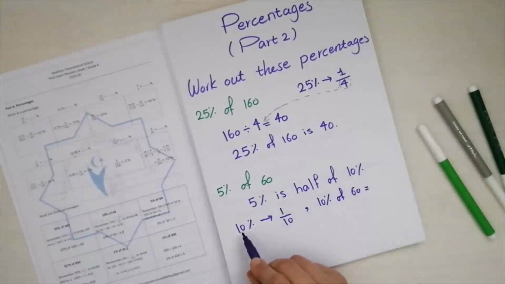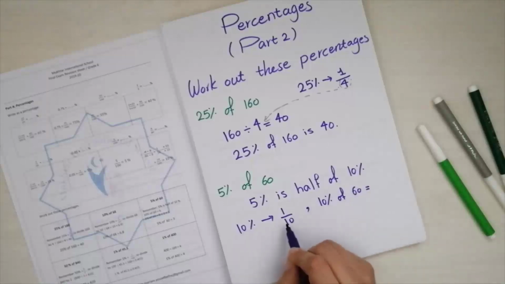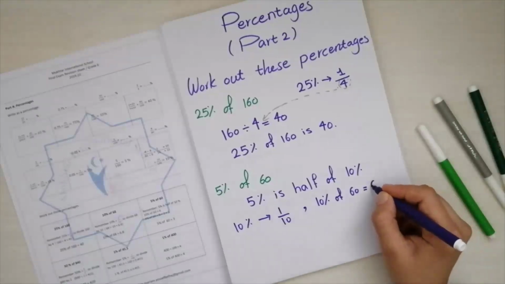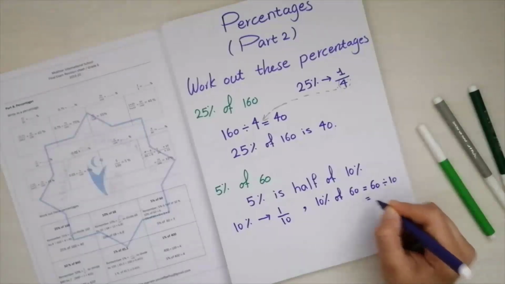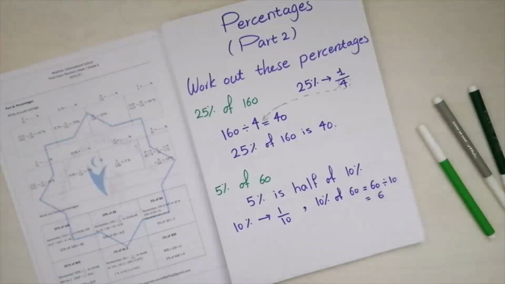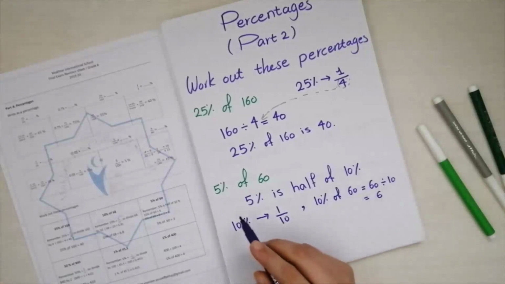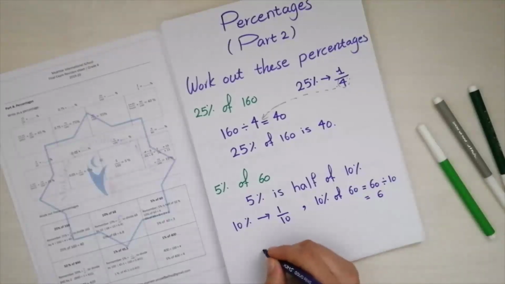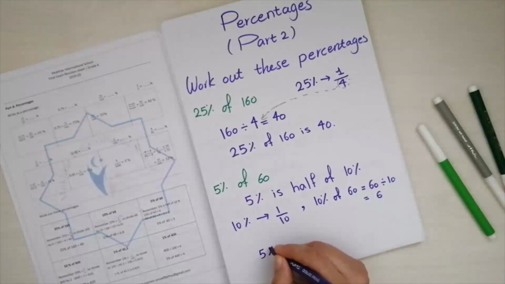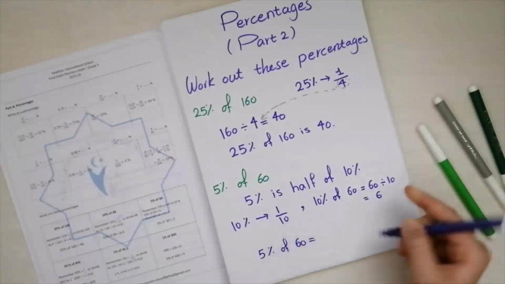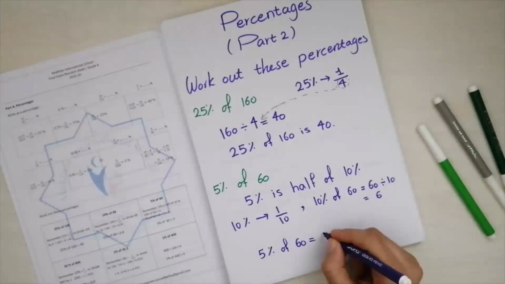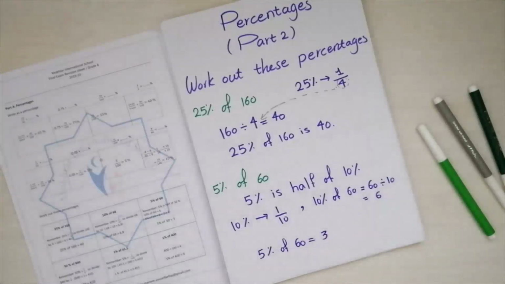So whenever you want to find 10% of any number, simply divide by 10. So this is 60 divided by 10, which is 6. Now, it's time to find 5% of 60. 5% of 60 is equal to half of 6, which is 3.